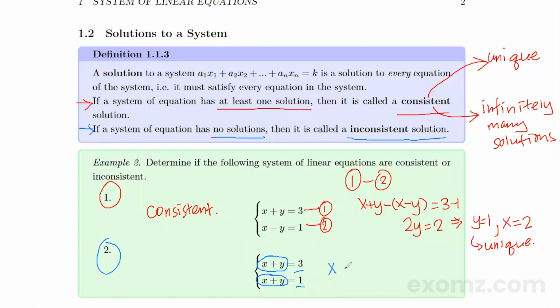So if I write it horizontally, this means x plus y equals to 3 equals to 1. And this does not make sense intuitively. Even if you haven't learned any linear algebra in this course, you will still know that this would not make sense because 3 cannot be equal to 1 at the same time. So simply saying for this system right here, we cannot find any values for x and y that satisfy the system.